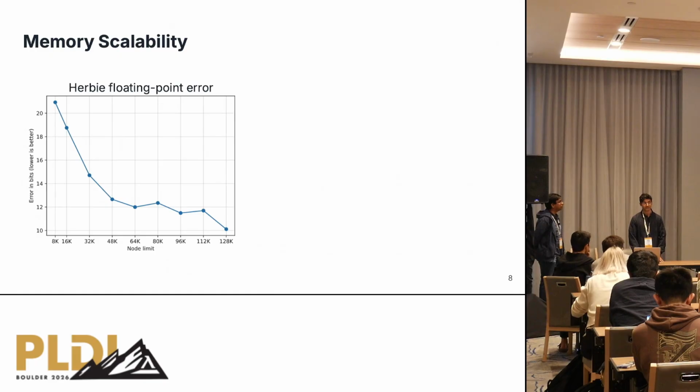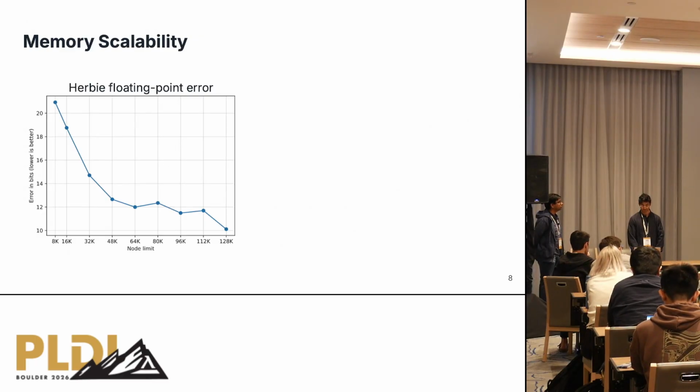On the y-axis, we show the bit error of the floating point expression for all the expressions in the Hamming benchmark. For the default node limit of 8,000, the error is 21 bits, and at the high end of 128,000, the error drops down to 10 bits. This is a very significant reduction.